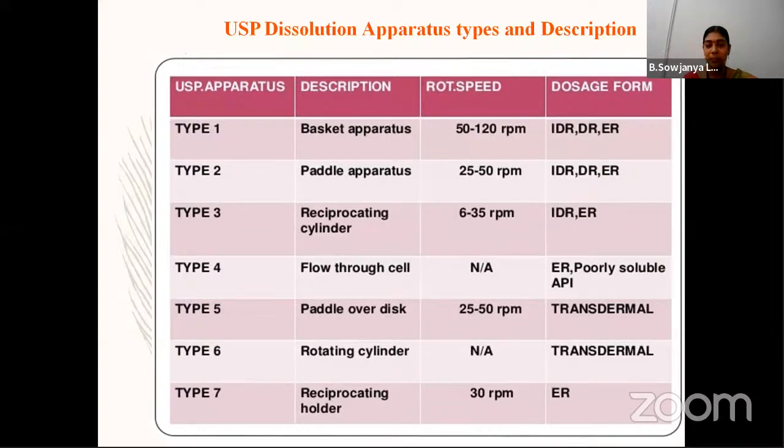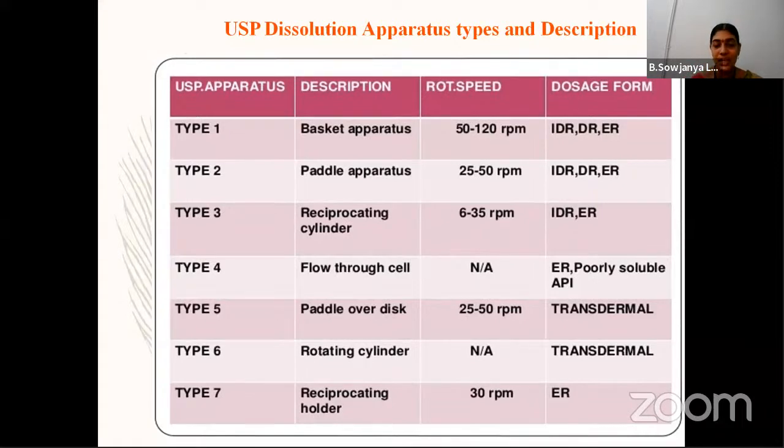And type 2 is paddle type apparatus. The rotating speed is 25 to 50 RPM. And also type 3, reciprocating cylinder type. The rotating speed is 6 to 35 RPM. It is generally used for immediate release tablets and extended release tablets, like conventional types of dosage forms.